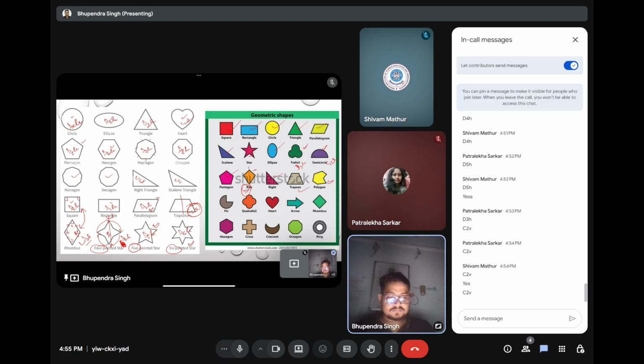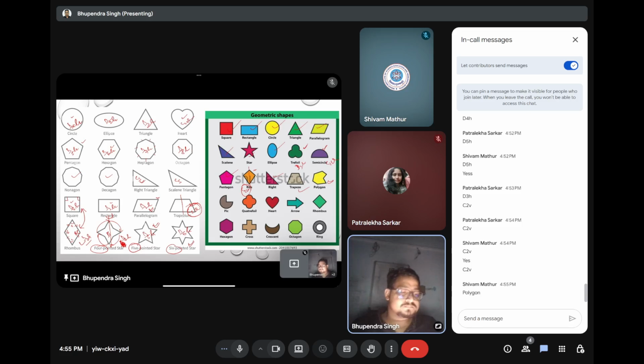C2V for polygon. Okay. Shivam is saying C2V.